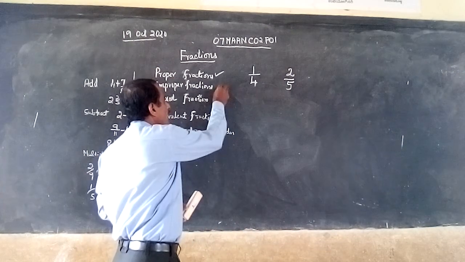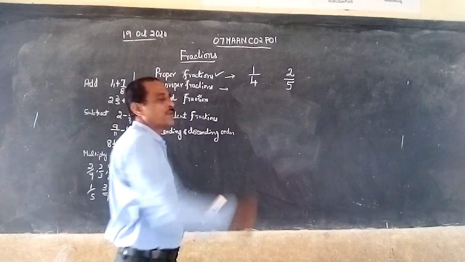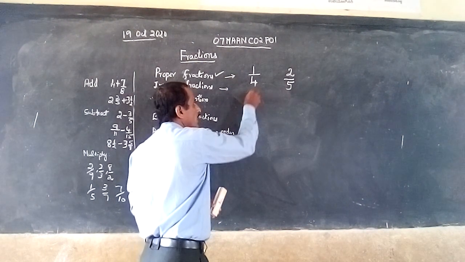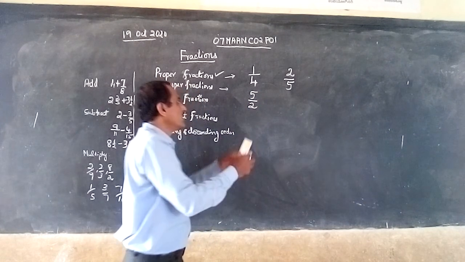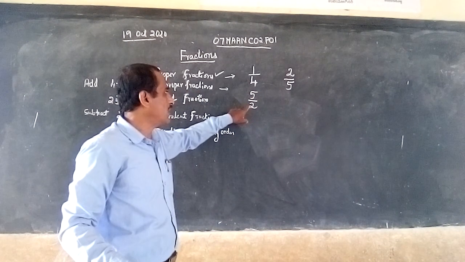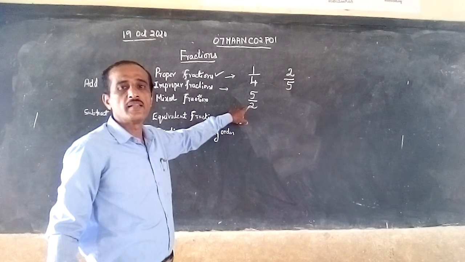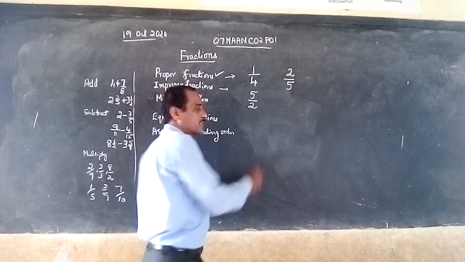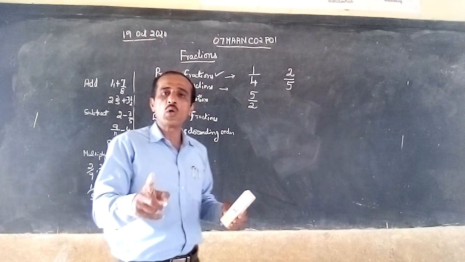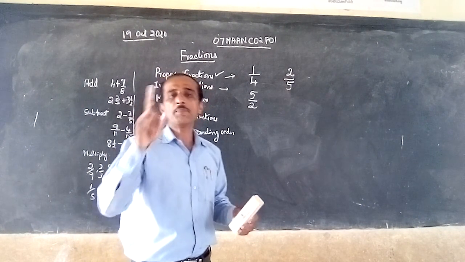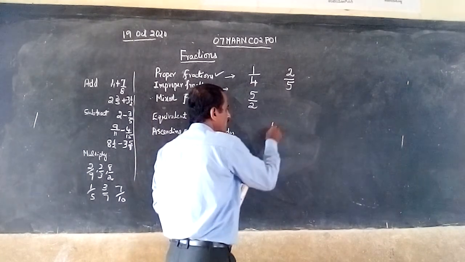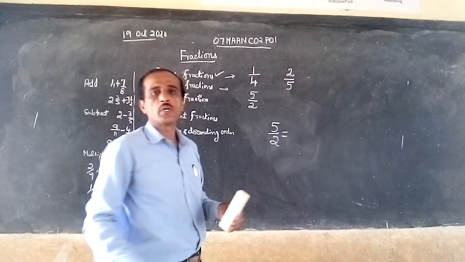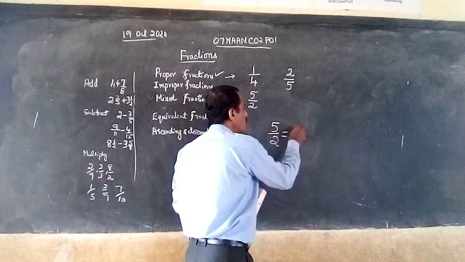In the same way, improper fraction. What is the meaning of improper fraction? If the numerator is greater than the denominator, then it is called an improper fraction. Therefore, an improper fraction contains a whole and a proper fraction. See, why is it a whole and proper fraction? 5 by 2 is equal to, see, 2 2s are 4.